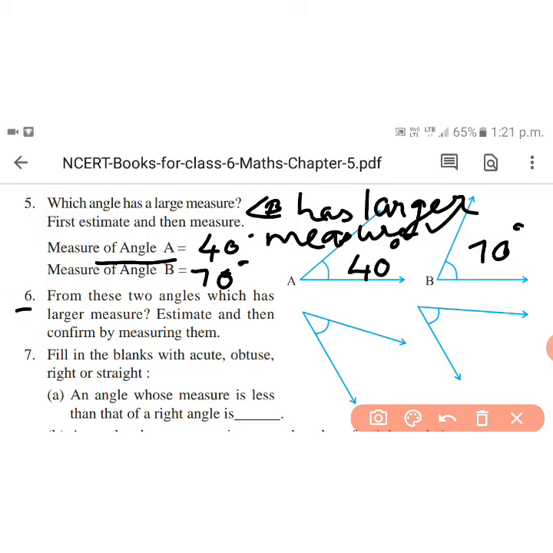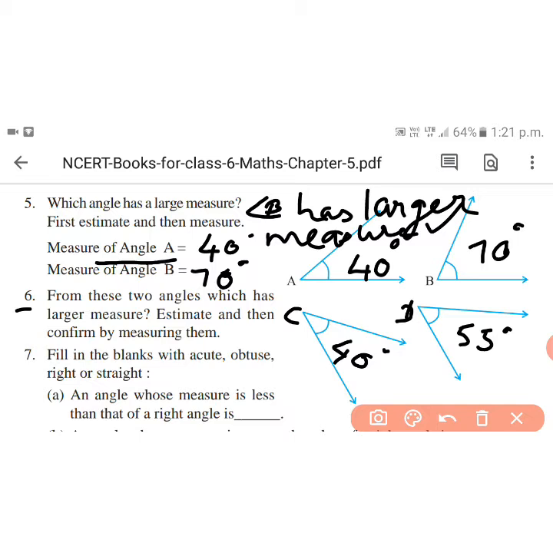Question number 6. From these two angles, which has larger measure? Estimate and then confirm by measuring them. So name the angles C and D. If you measure this angle, the angle is 40 degree. D is 55 degree.